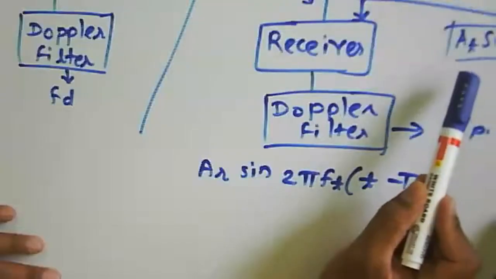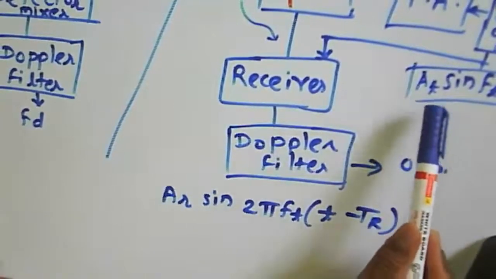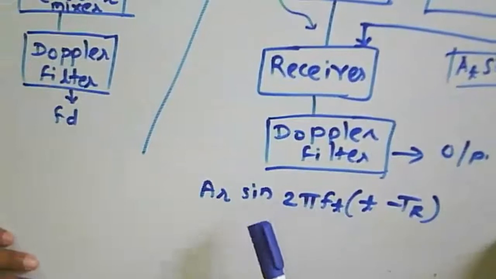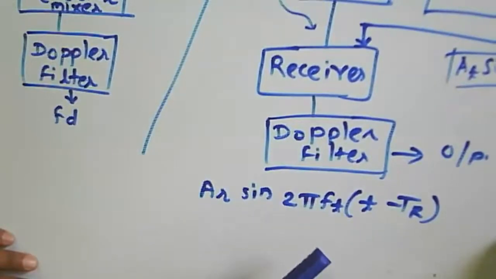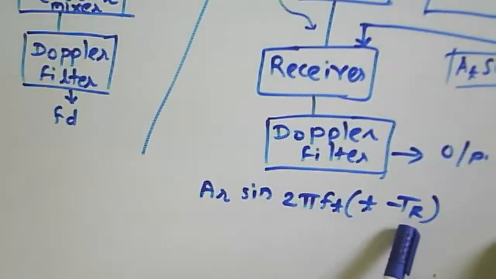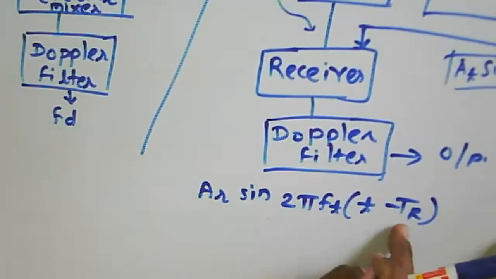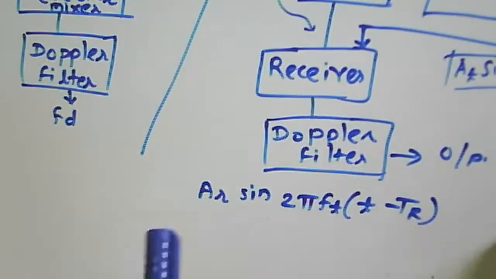Just like similarly we have written here, AT is the amplitude of the transmitting signal, so similarly AR is the amplitude of the received signal. And then for the given signal, TR is the round trip time, which will be related to whatever range we have.